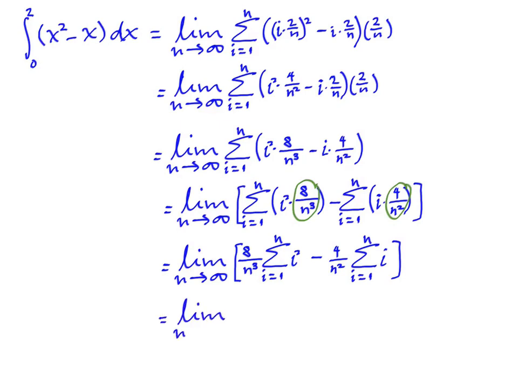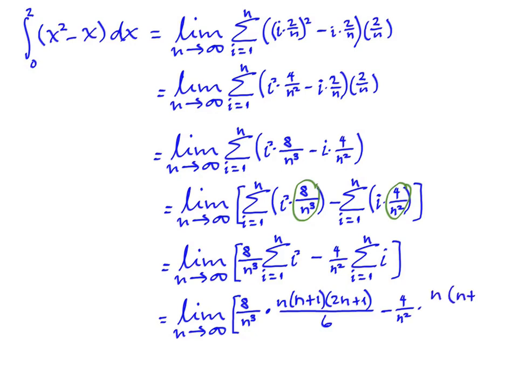So I've got the limit, n approaches infinity, 8 over n to the third. And now I'm going to use the formula for the sum of the squares of the first n positive integers. That formula is n times n plus 1 times 2n plus 1 all over 6. The other one is Gauss's formula. That one is n times n plus 1 all over 2.